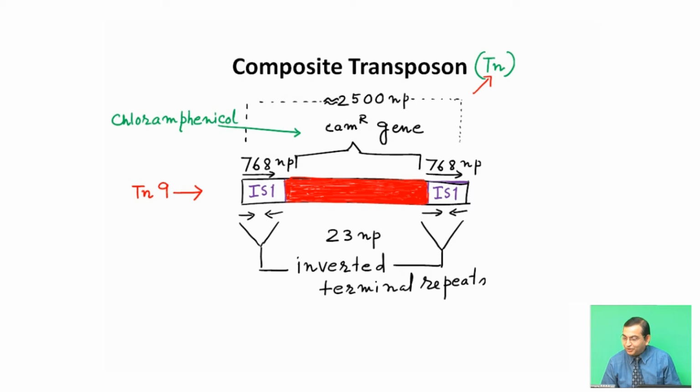The two IS1 elements flank the chloramphenicol resistance gene. So the CamR gene is flanked by two IS1 elements. This one is called composite transposition.